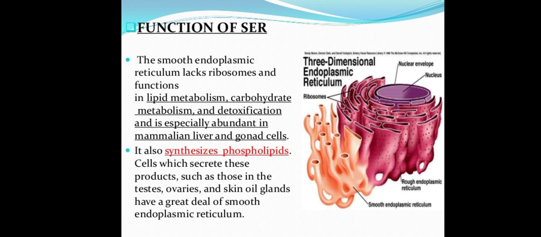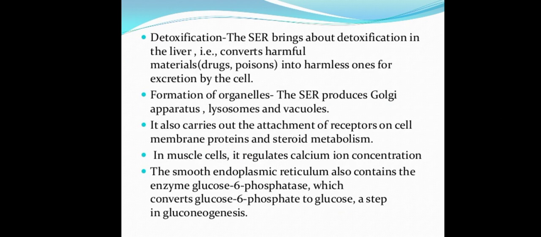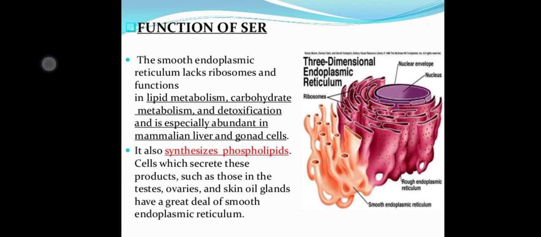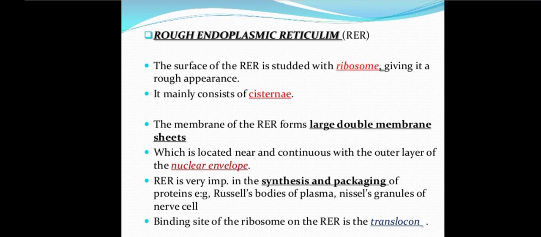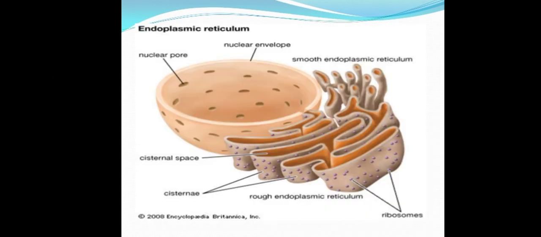So next we are going to learn to differentiate the smooth and the rough endoplasmic reticulum. Smooth endoplasmic reticulum: the endoplasmic reticulum not studded with ribosomes is called smooth endoplasmic reticulum.